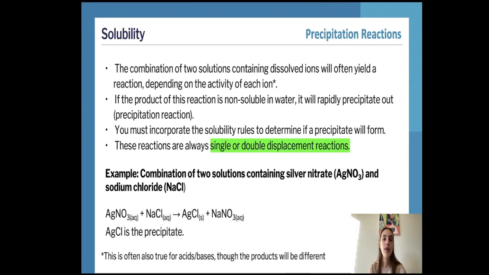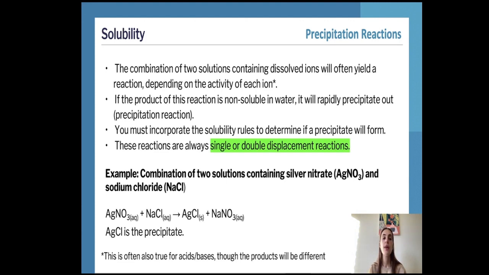If the product of the reaction is not soluble in water, it will rapidly precipitate out, and so it's called a precipitation reaction. This will produce what is known as a precipitate, the solid which you can see which is sometimes formed in particular reactions.